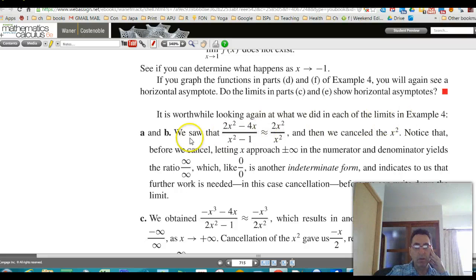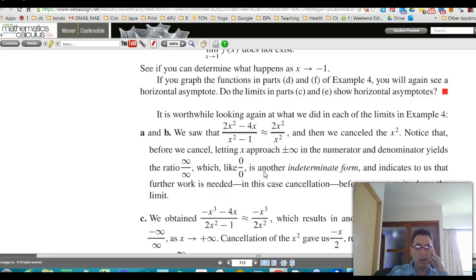So just to review, we saw that this was approximately equal to this, and then we canceled the x squared. Notice that before canceling, if we had just let x go to infinity, we would have gotten infinity over infinity. The numerator and the denominator yields the ratio infinity over infinity, which similar to 0 over 0 is what's called an indeterminate form.